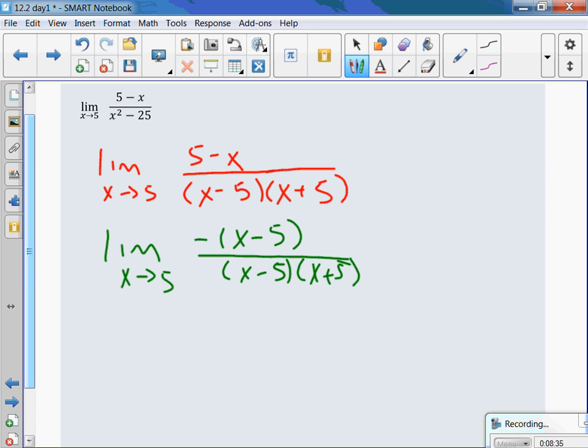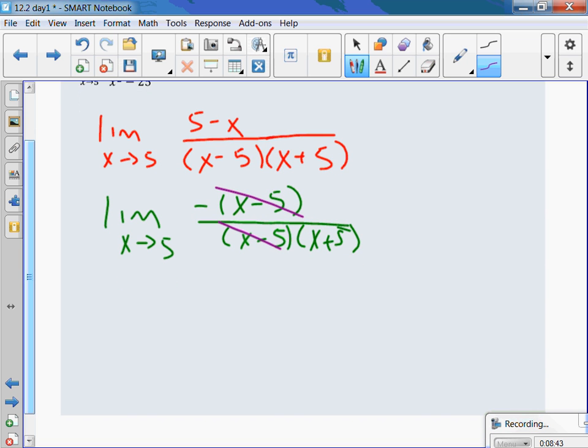Now, my common factors, x minus 5, cancel. I'm left with the limit of negative 1 over x plus 5.